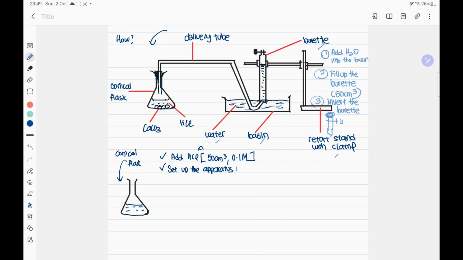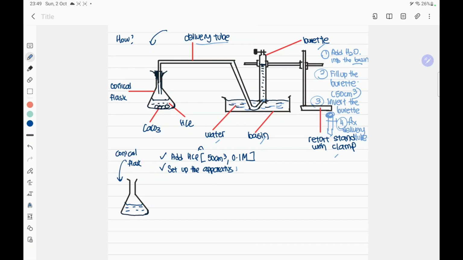And after that, what you need to do is you just need to fix the delivery tube. What is a delivery tube? This is a delivery tube. Okay, you fill up the basin with water, and then you fill up the burette about 50 cm cube, and then you invert the burette, using your thumb to close the opening of the burette, and then you immerse it in the basin filled with water.